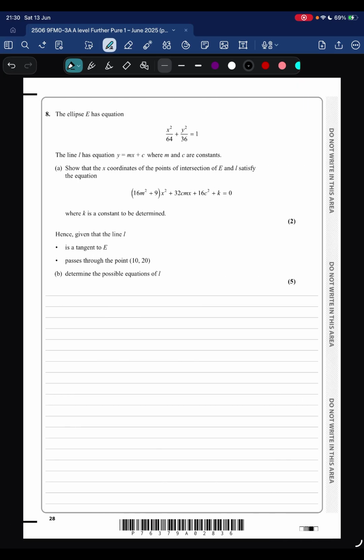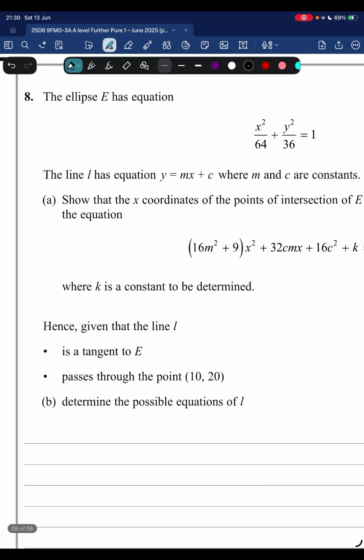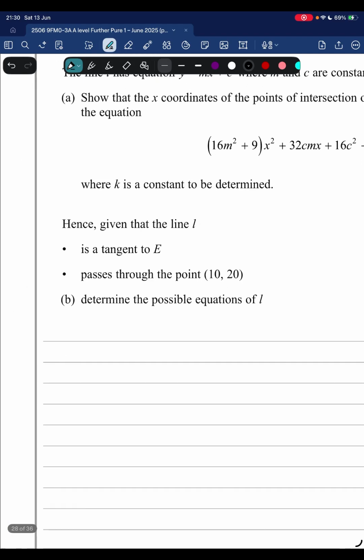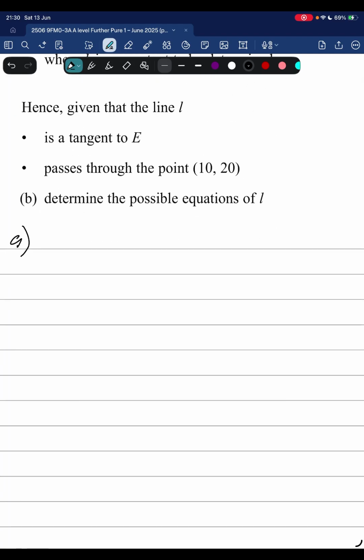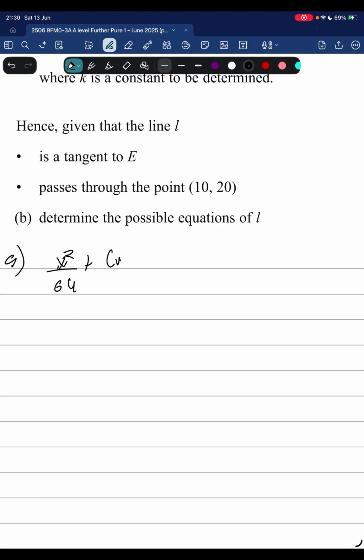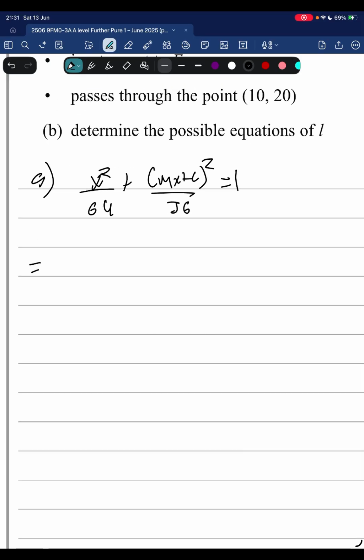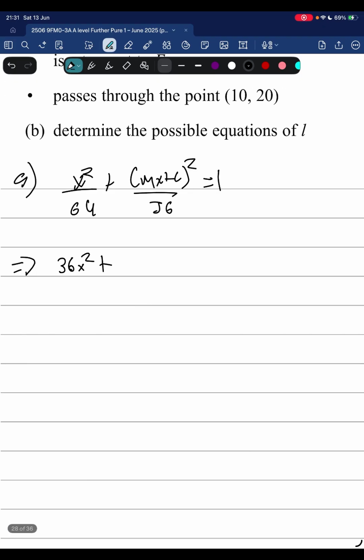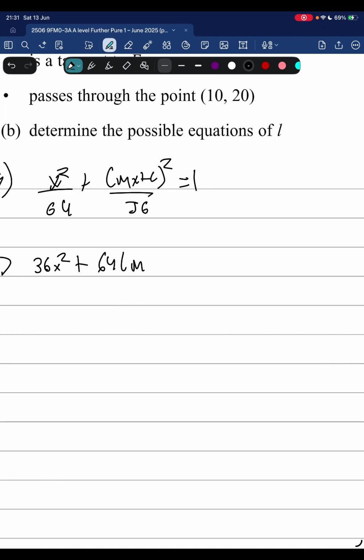Okay. So next we have a question on conics. So what we want to do is just plug in the line, right? So x squared over 64 plus (mx plus c) squared over 36 equals 1. So we're going to multiply everything by 64 times 36, which is 2304. So we're going to get 36x squared plus 64(mx plus c) squared equals 2304.